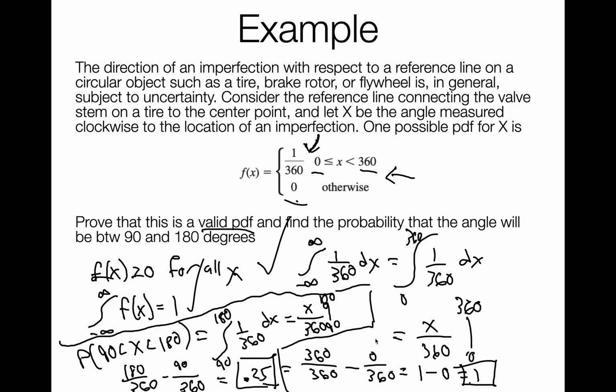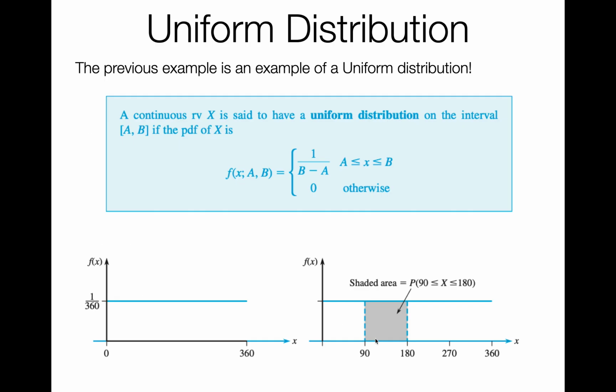Okay, so hopefully that wasn't too bad. It turns out that this example, where we had a constant as our PDF, is a special example called the uniform distribution. A random variable x is said to have a uniform distribution on the interval a to b if the PDF is of this form. So the last example was 0 to 360.